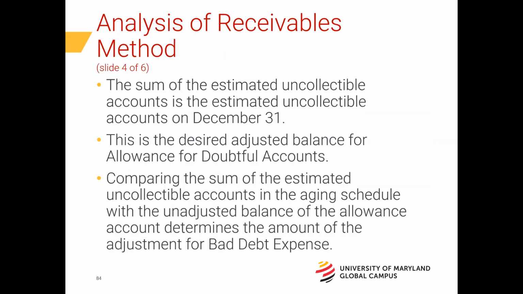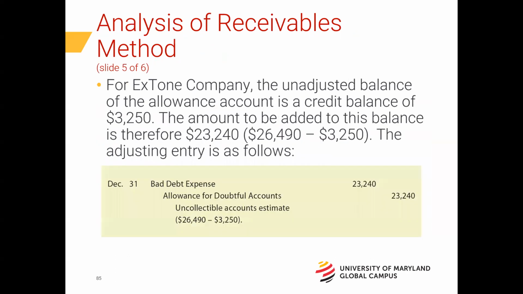So we calculate those types of things, again, based off of expectations, based off of the percentage that we expect not to receive as things get older. It's obvious that the older the receivable gets, the less likely it is that you'll receive it.